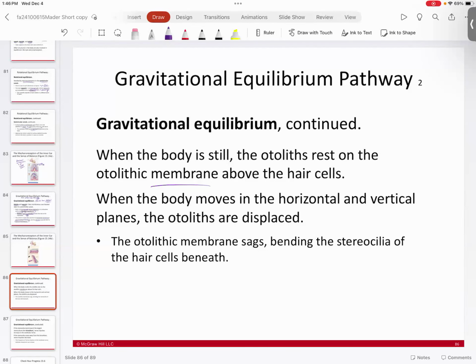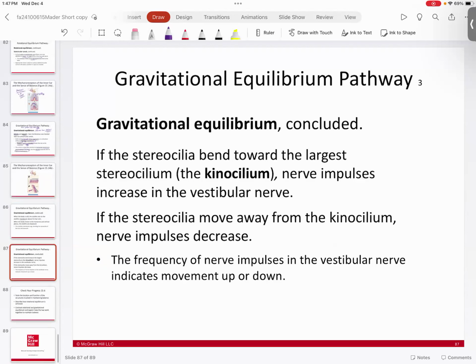And then that's going to brush over those hair cells, and that's going to tell your brain, oh, I think we're moving now, because I can feel myself changing my position in three-dimensional space. And so when you displace these guys, ultimately it'll bend the stereocilia, and then that will be your gravitational perception.